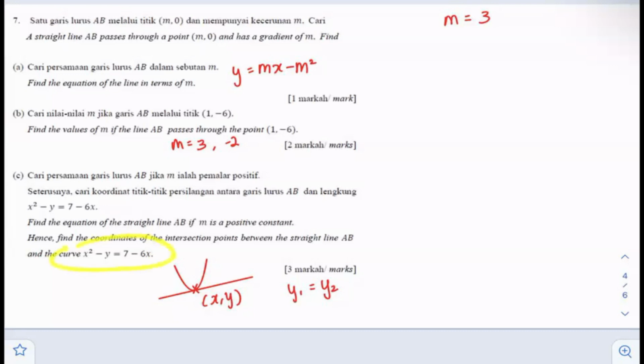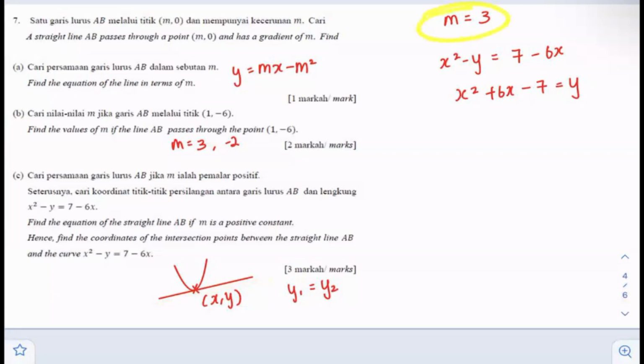So we know the equation for the curve is this one: x squared minus y equal to 7 minus 6x. So x squared plus 6x minus 7 equal to y. This is the equation for the curve, and we want to know the equation for the straight line.